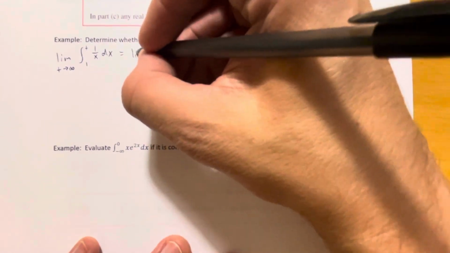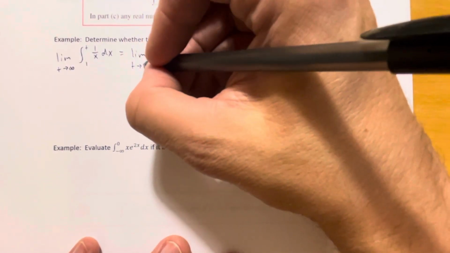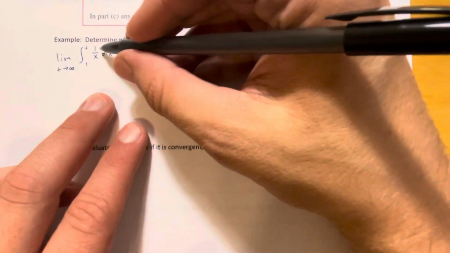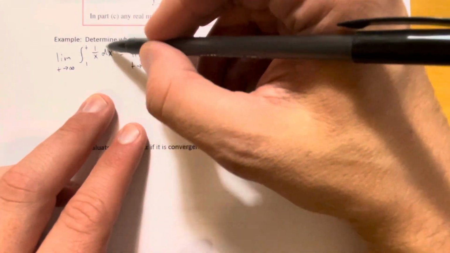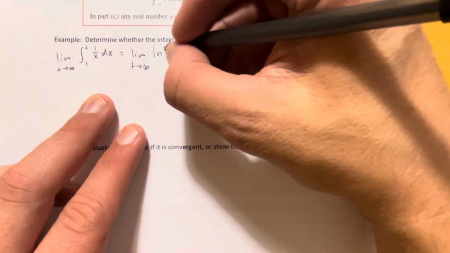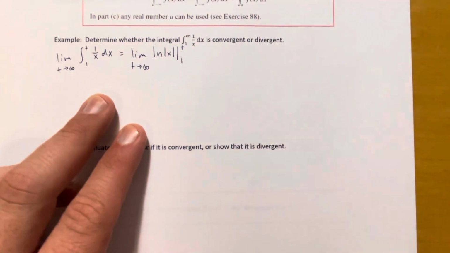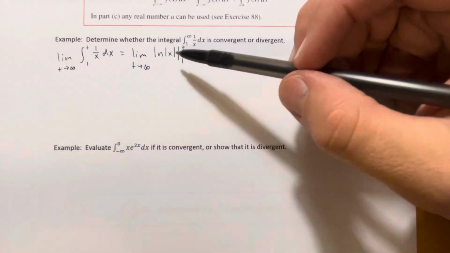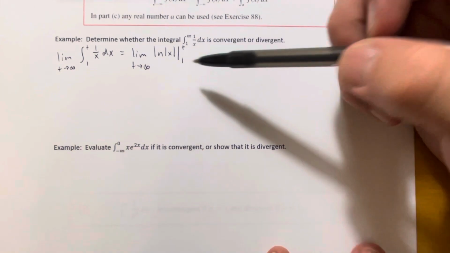All right, as t goes to infinity, I'm going to be taking the limit of this, which is the natural log of the absolute value of x from 1 to t. The absolute value is unnecessary, really, because the limits of integration are all positive here.